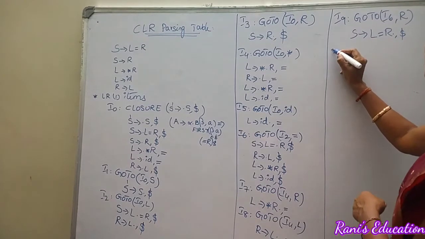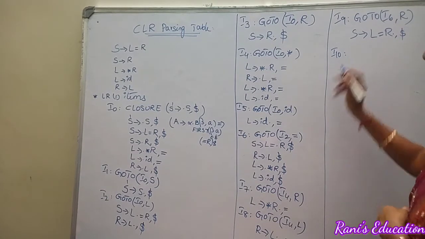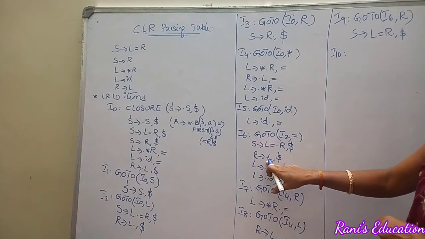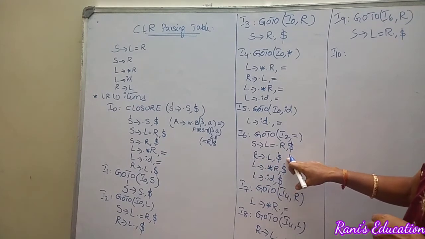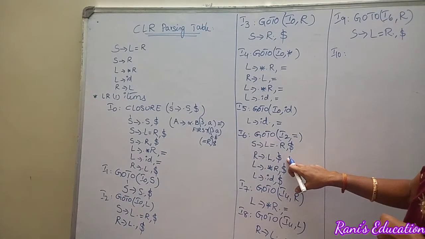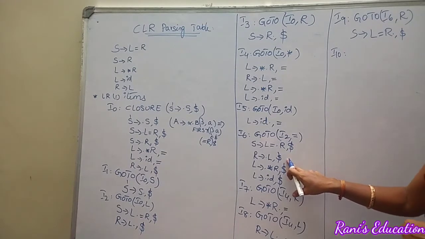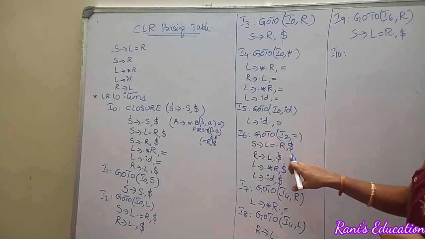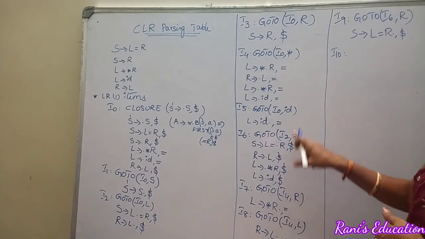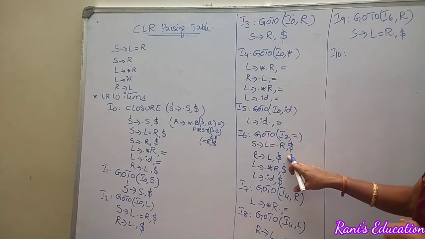Now move on to I10 item. So go for this R derives dot L with the look ahead dollar. Did we complete that production separately? No, we didn't complete that production separately. So we are going to complete that production by creating one separate item.